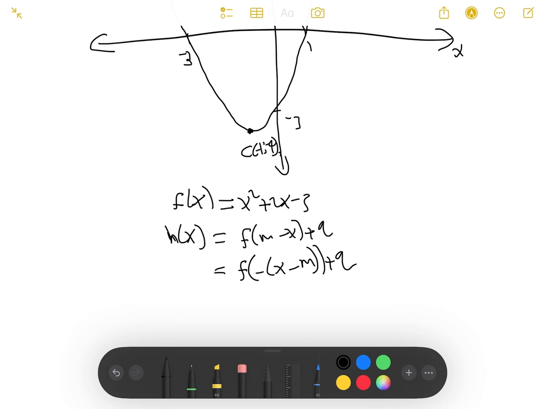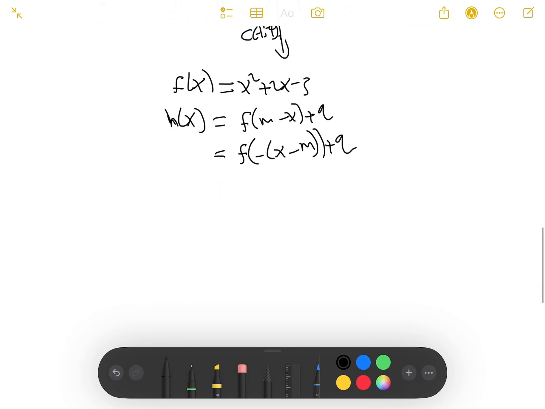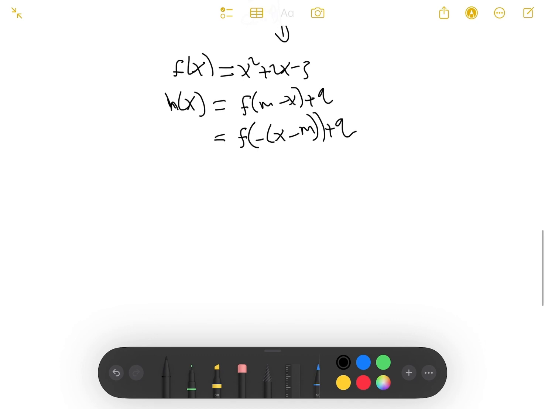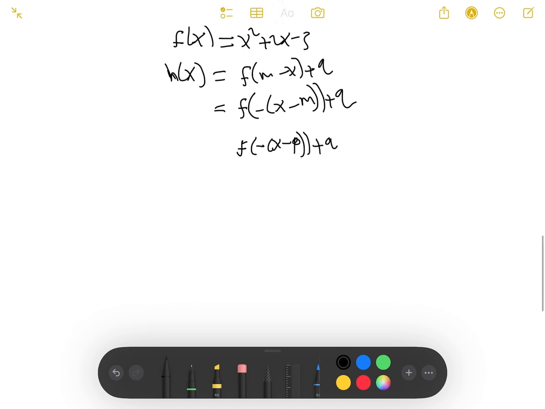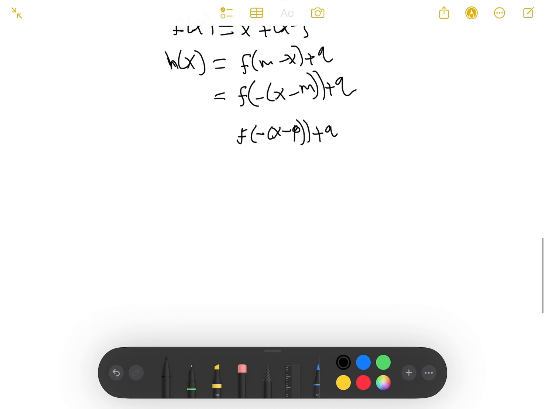Remember that when it is expressed like this, it is something like f of minus x minus p. Remember p? So it is something like that.